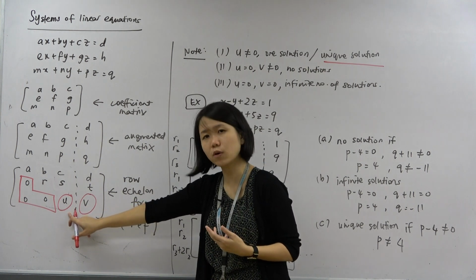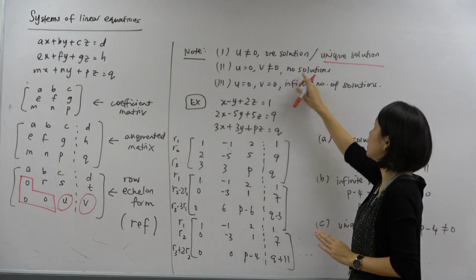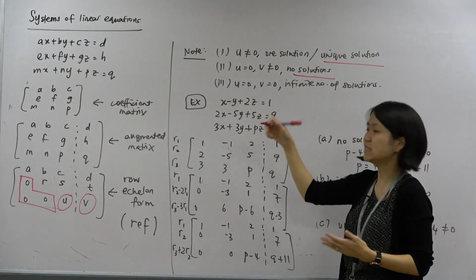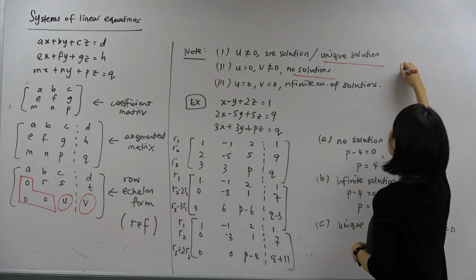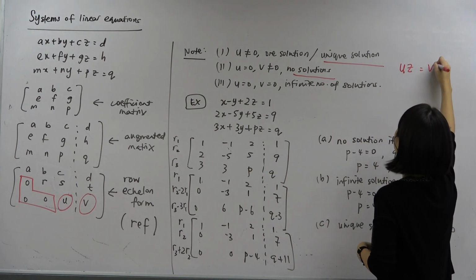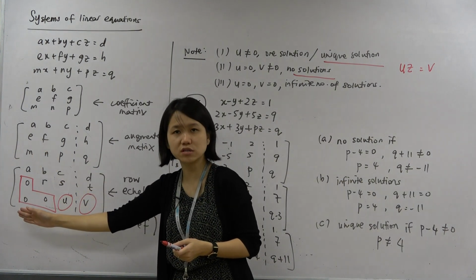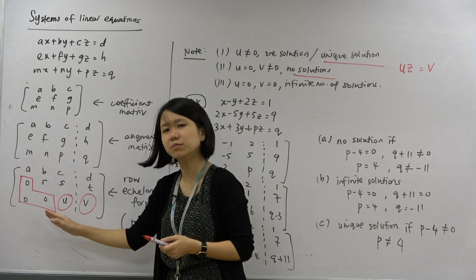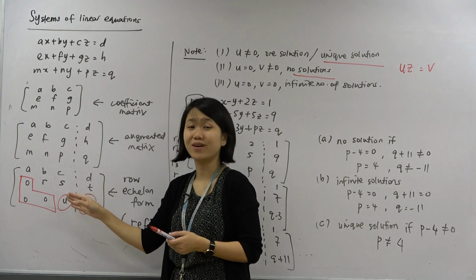So if U equals 0 but V does not equal 0, that is when you say there is no solution. And why is that? Because with these U and V elements, you are actually forming U z equals V. Why is it z? Because the first column gives the coefficients of your x, the second column gives the coefficients of your y, and the third column gives the coefficients of your z.